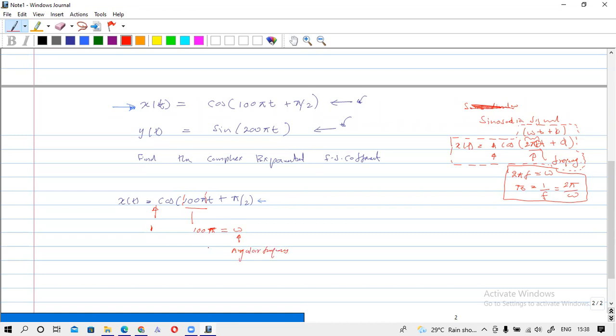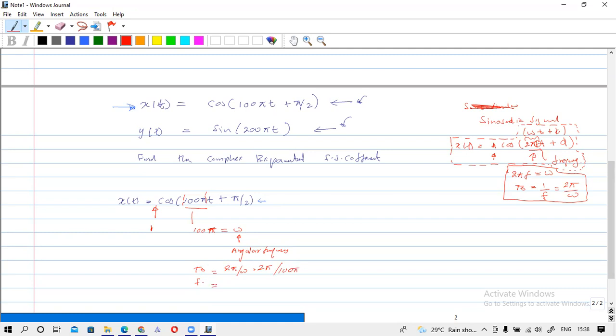So here you are given the angular frequency. And using this angular frequency, you can find T naught and you can also find f. T naught is the fundamental period. The fundamental period is nothing but 2π by omega. That means 2π by 10^5. Okay, so this is your fundamental period.